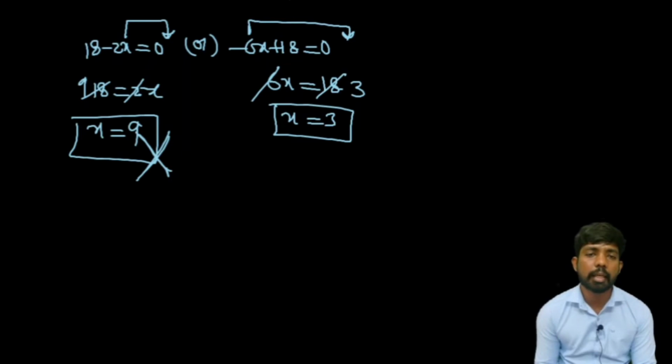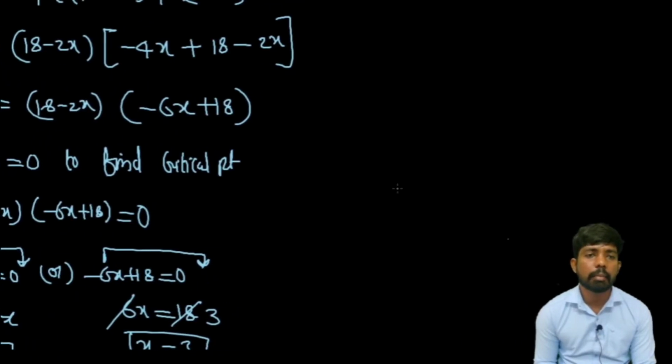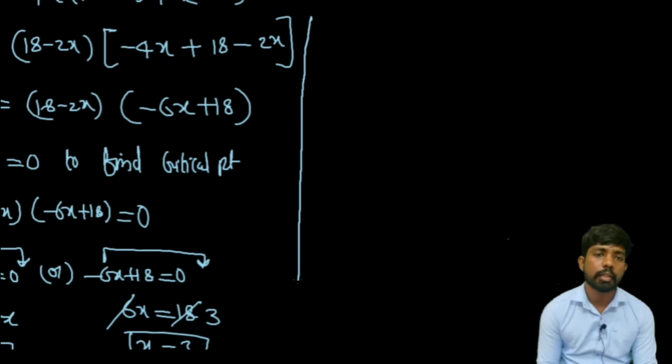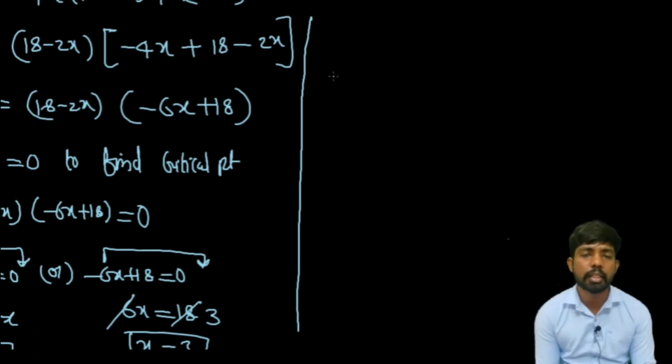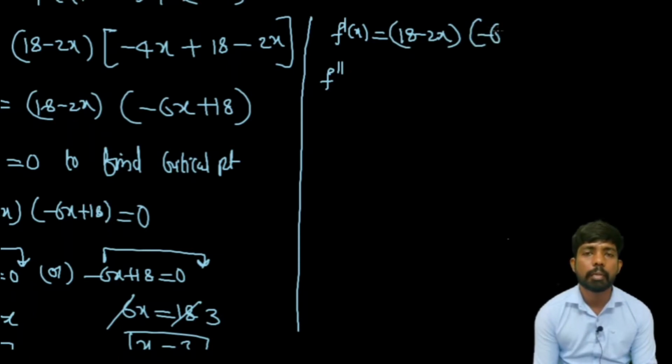Next, double differentiate the function. Differentiation of the function is (18 minus 2x) into (minus 6x plus 18).